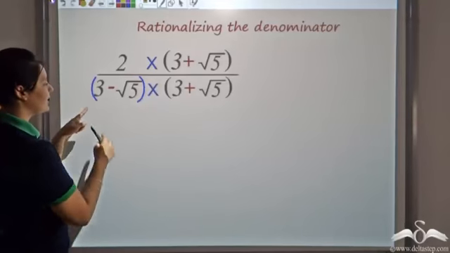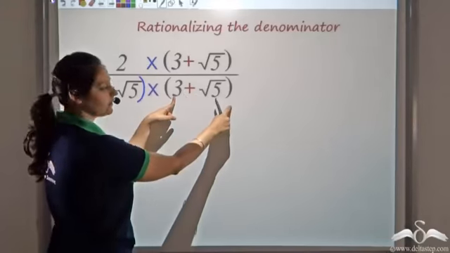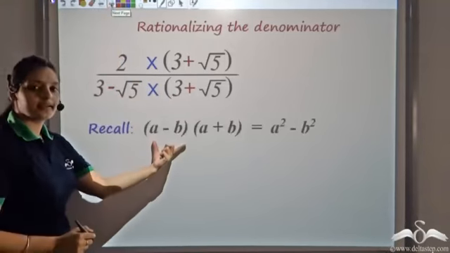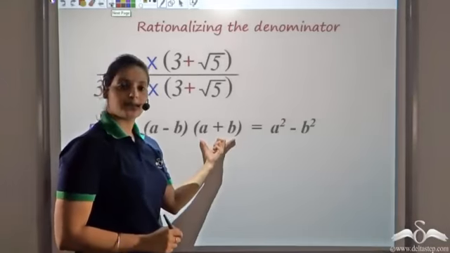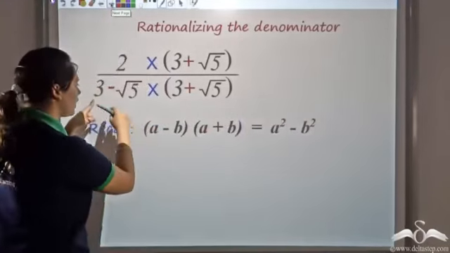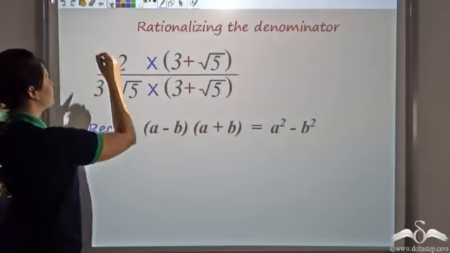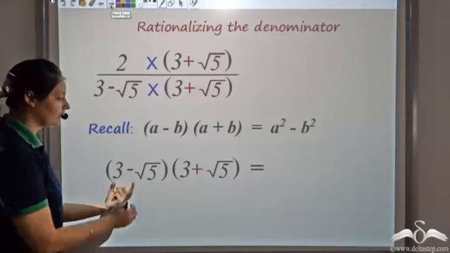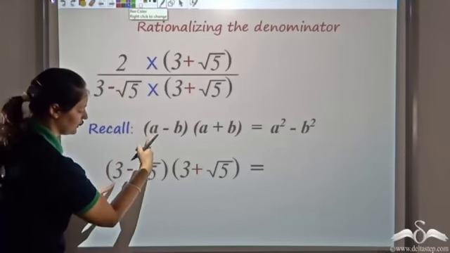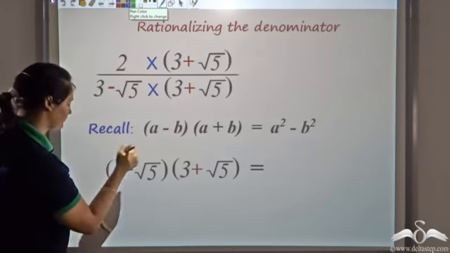Now recall that this is 3 minus root 5 times 3 plus root 5. Only the sign is changing. Recall that a minus b times a plus b gives me a square minus b square. So now, can you relate this expression with the denominator? If I write the denominator, all I need to do is take 3 as a and under root 5 as b.